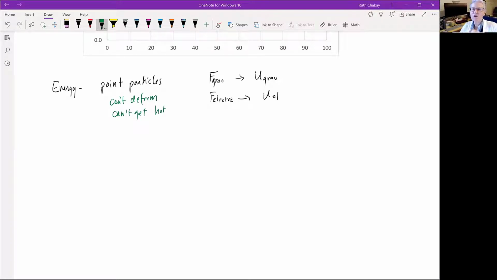We've talked about the flow of energy between kinetic energy, say in an orbit, and gravitational potential energy increasing as kinetic energy decreases. And same for electric energy. But what we haven't talked about is energy inside extended objects. So what we need to talk about now is energy in extended objects.